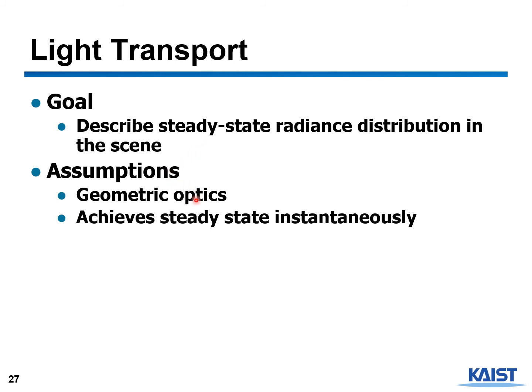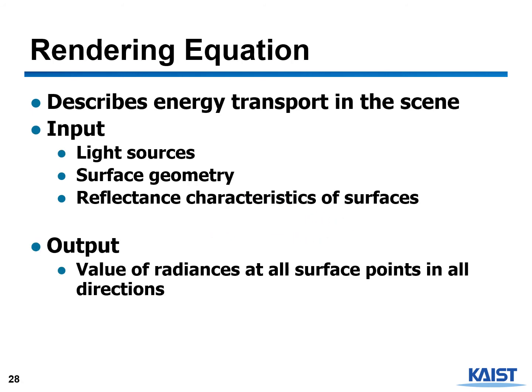Our assumption is geometric optics, and that we achieve the steady state instantaneously. The rendering equation describes light transport in the scene. Our input is the light source, surface geometry, and the reflectance characteristics of surfaces, in other words the BRDF. The output is the value of radiance at all surface points in all directions. Given this input, we can compute the radiance value for ray tracing.